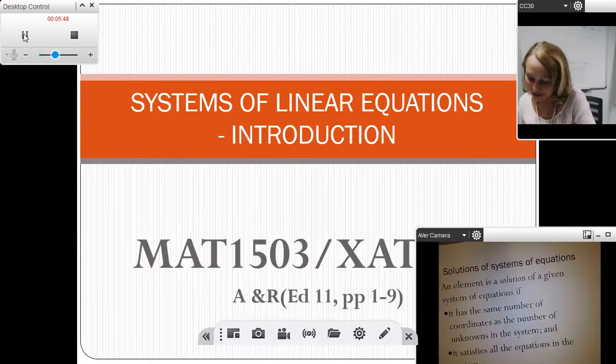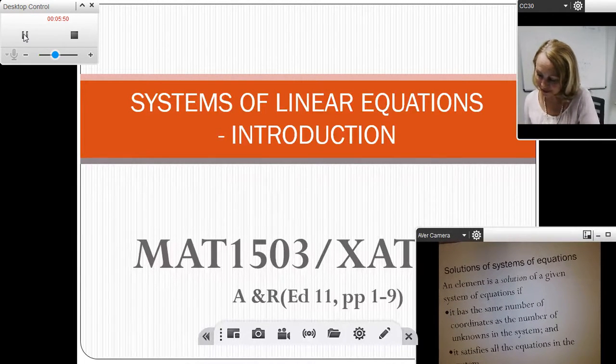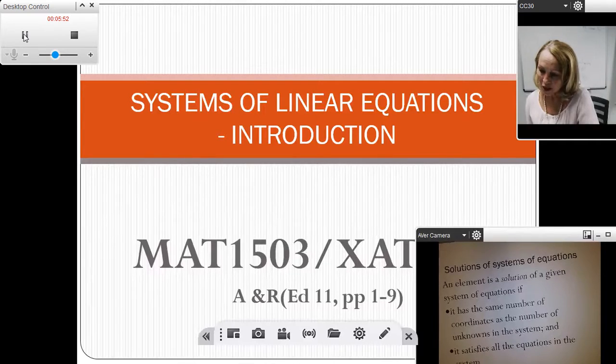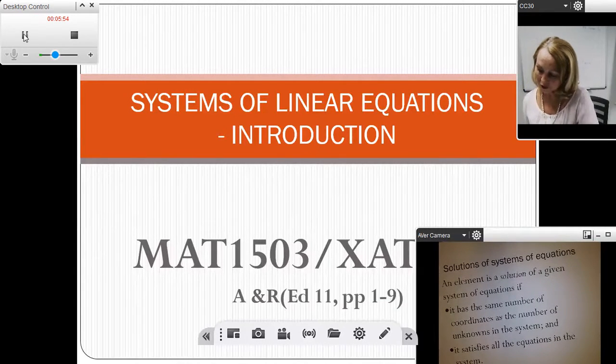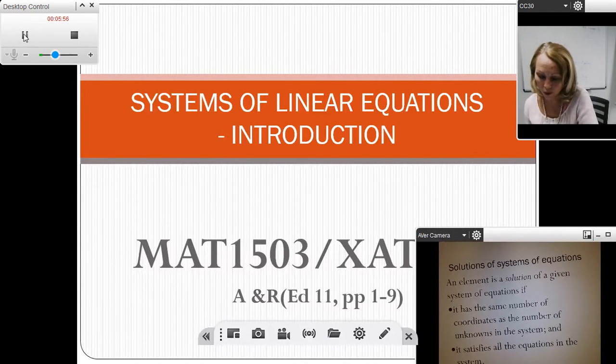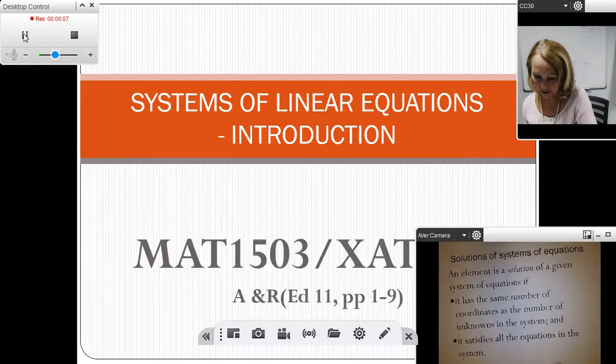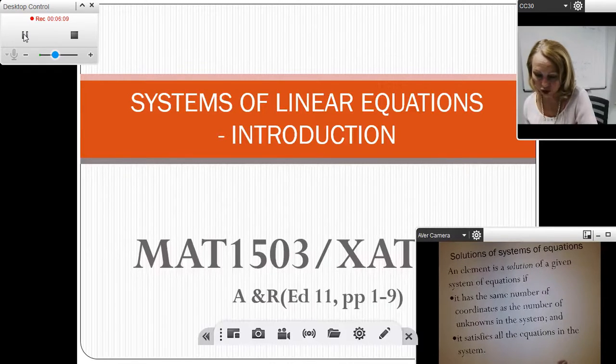Let's chat a little bit about solutions of systems of equations. A system of equations is when you have more than one equation to solve for the variables. When we speak about the solution to the system of equations, there have to be two requirements in order for that element to be a solution.